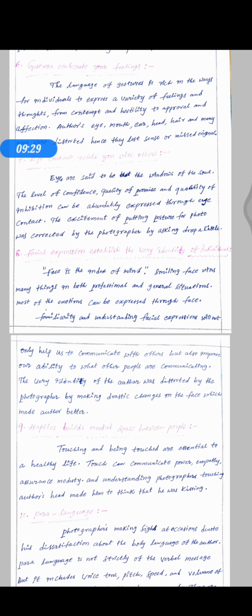And the next one, facial expressions establish the very identity of an individual. Face is the index of mind. A smiling face wins many things in both professional and general situations. Most of the emotions can be expressed through the face.